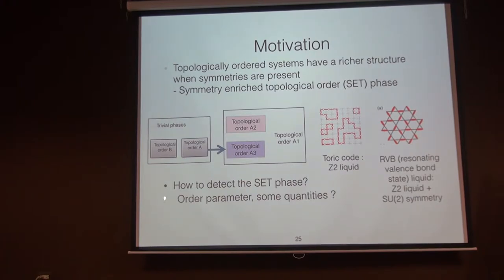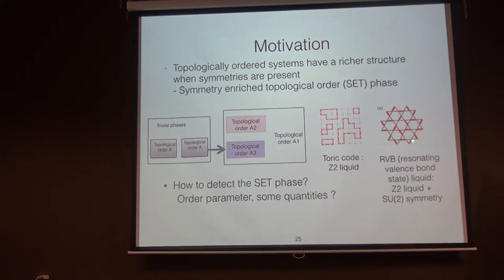And by using the local unitary transformation, if we consider the symmetry, we can find there are more kinds of cases. So for example, if we consider a toric code model, we know this one is the D2 topological order phase. However, if we consider another phase, the RVB phase on the kagome lattice, this phase is also a D2 topological order phase. And each bond is a singlet, so it has an SO(3), SU(2) symmetry.